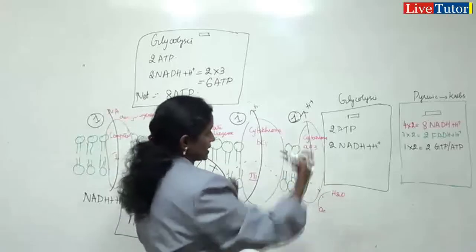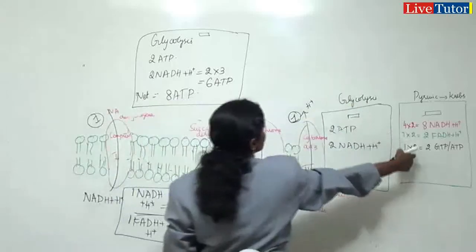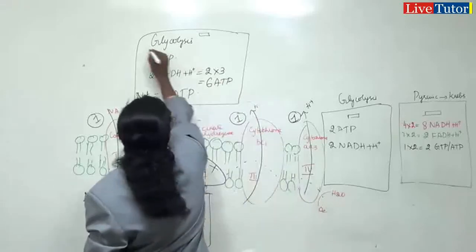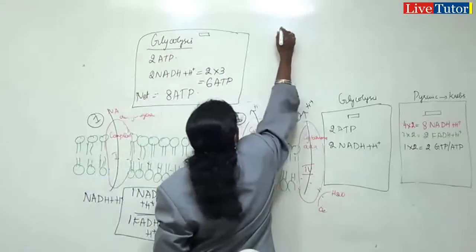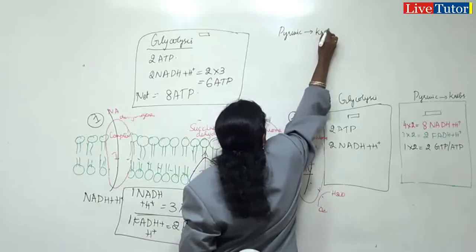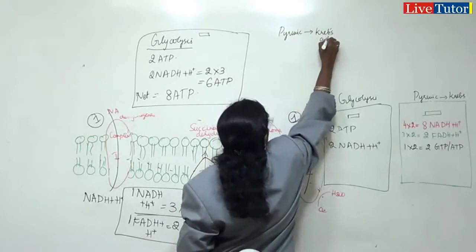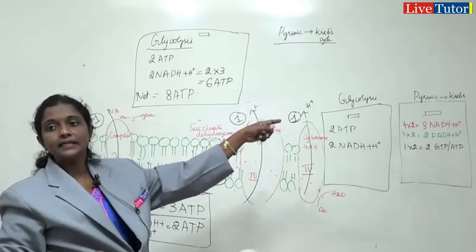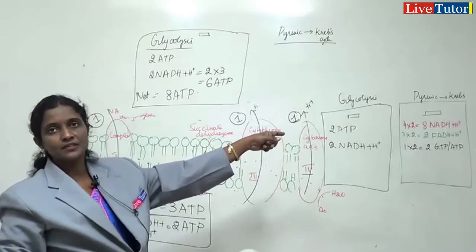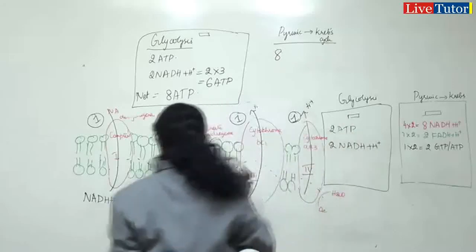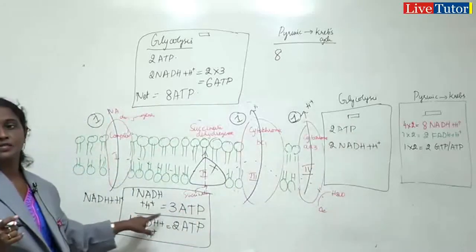We are going to pull out the second box and convert it. That is from pyruvic acid till the Krebs cycle. We found that there are 8 NADH plus H plus that we have retrieved. 1 NAD gives 3 ATP, as we are all aware.